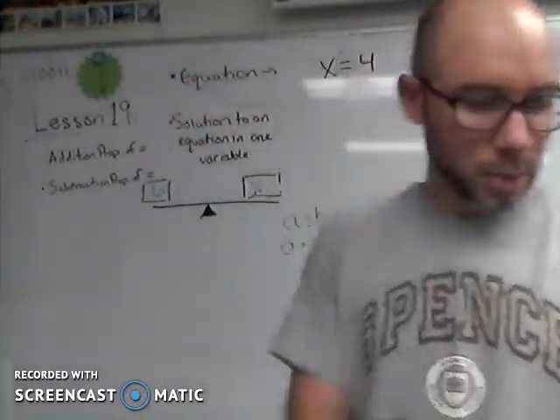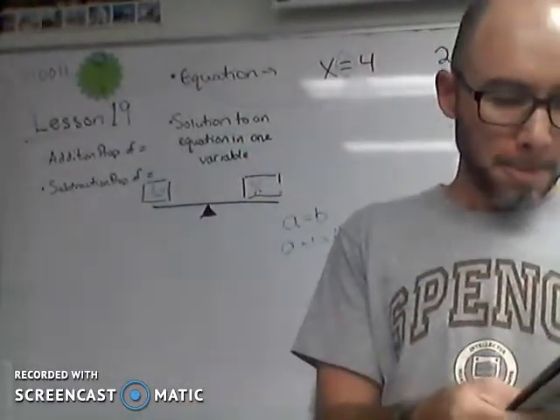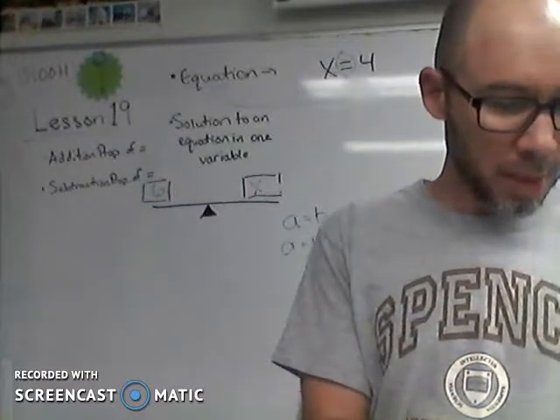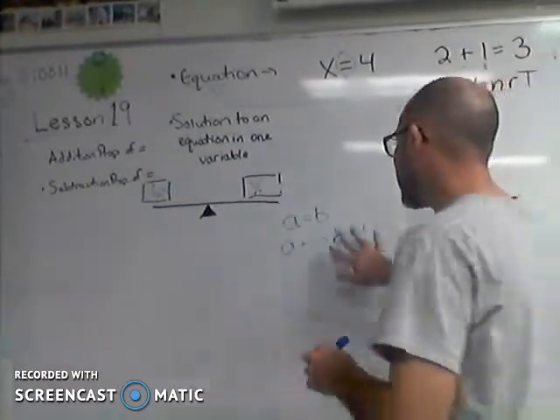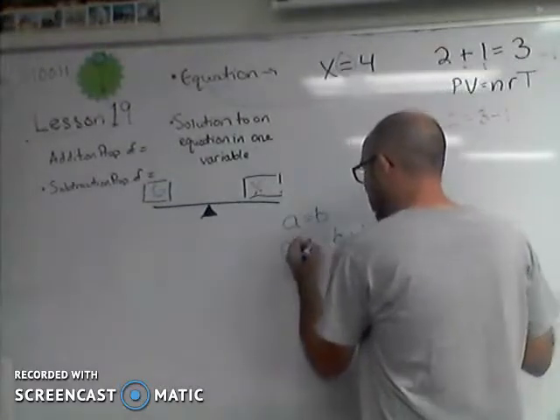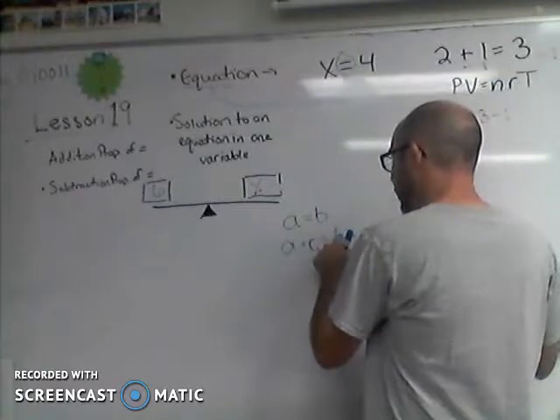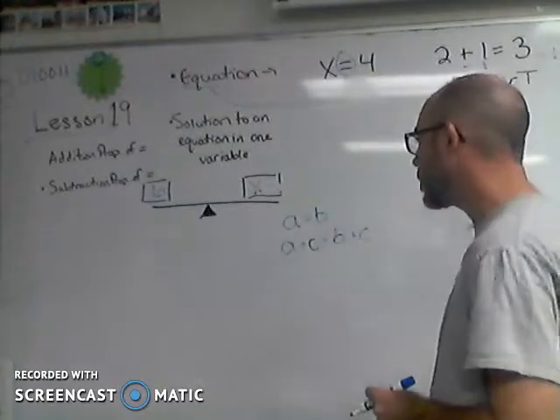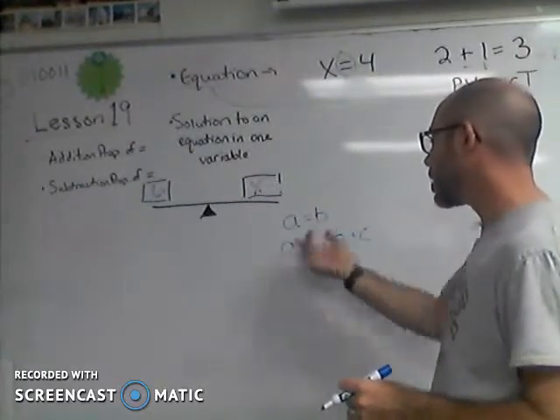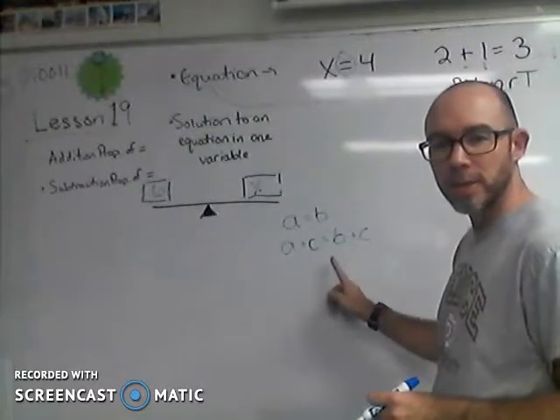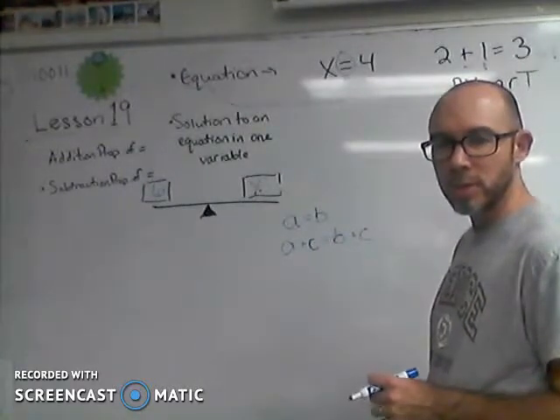At least I think that's one way to say it. If I do the same thing to both sides, well, let's not even do 1. Let's just call it some other number C. That way it can be anything we want it to be. If A is equal to B, then I can add C to both sides and it's still equivalent. I still have an equal sign in the middle of those two things.